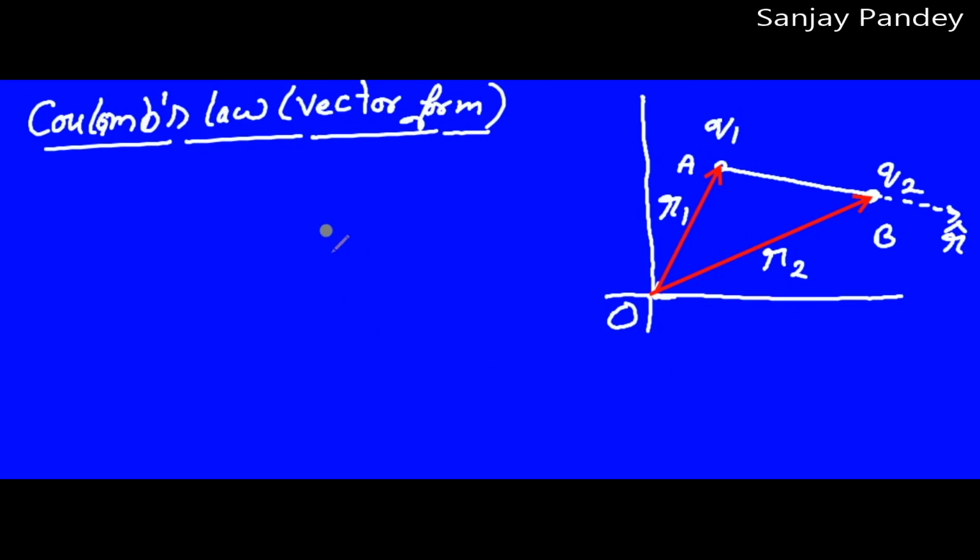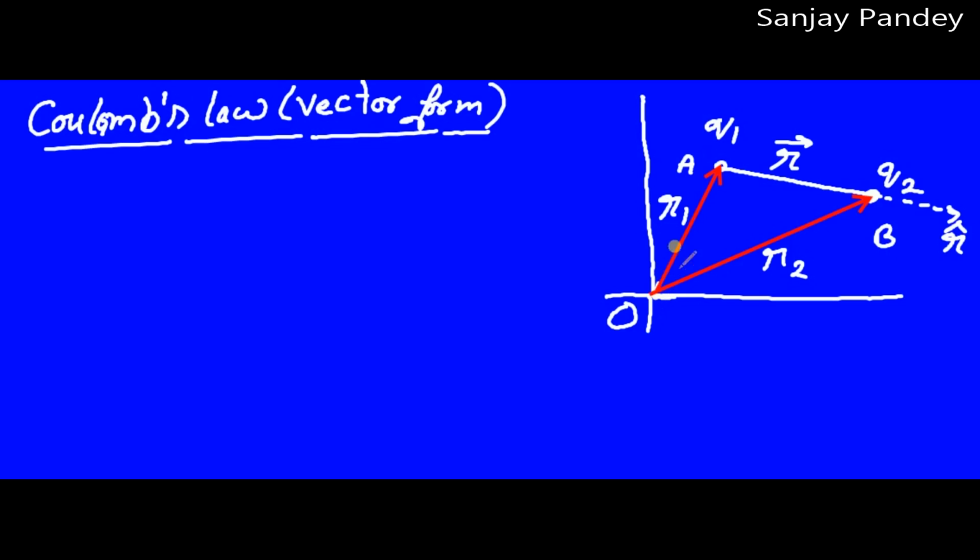Now we will discuss Coulomb's law in vector form. Suppose Q1 and Q2 are two charges placed in free space, and the position vector of Q2 with respect to Q1 is r. r cap is the unit vector in the direction of r.